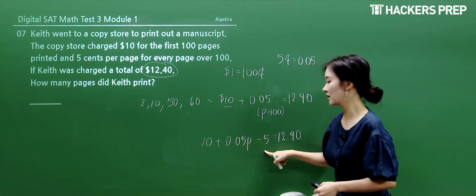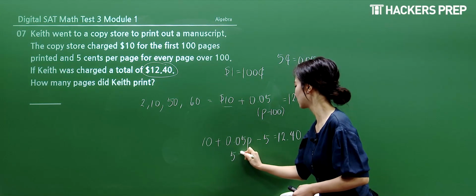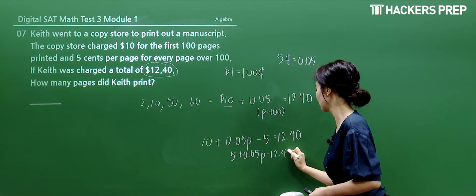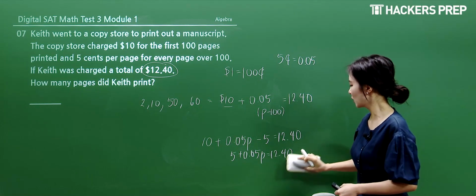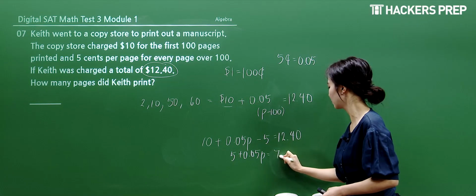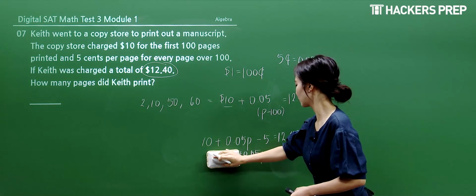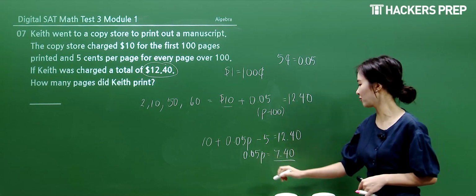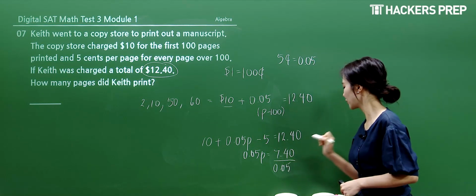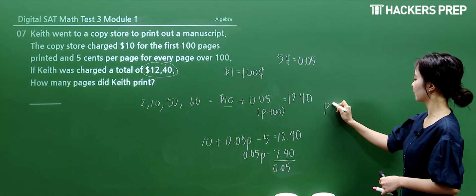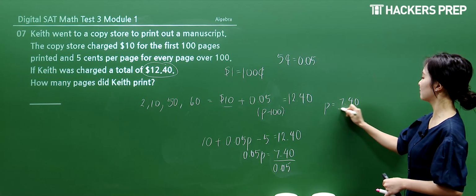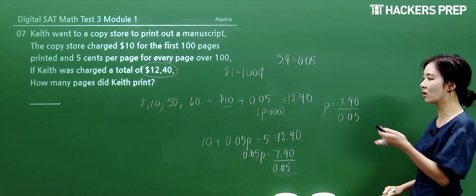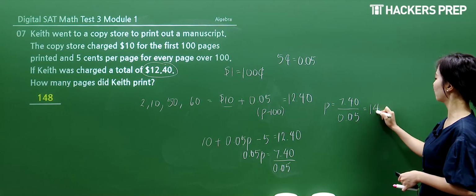Okay, let's add the constants, then subtract 5 from this, which will give me 7.40. Finally, we're going to divide this by the rate, which is 0.05. That means P is going to be $7.40 divided by the 5 cents, or 0.05. And once you plug this into the calculator, you will get this value of 148.